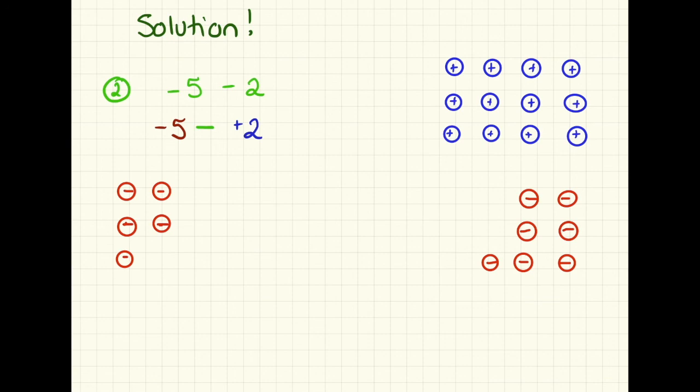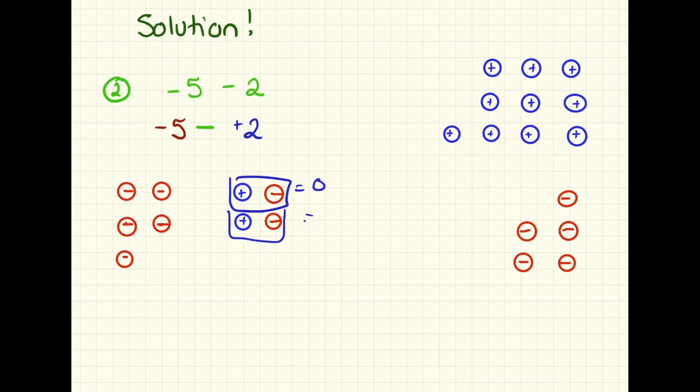So what I'm going to do is create neutral groups here, 2 of them in fact, because in the end, nothing changes. I still have -5, because this is equal to 0 and this is equal to 0. So nothing has changed, but now I am able to remove those 2 positives because that's the point of the subtraction, and I need to remove 2 positives.